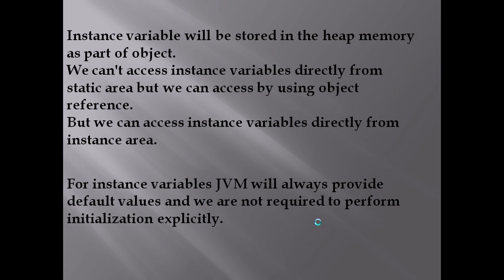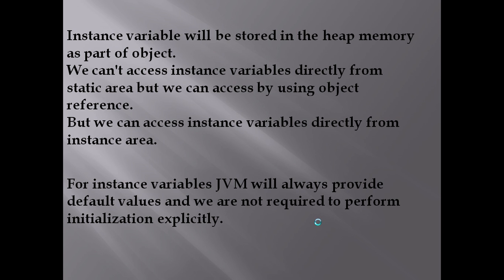When we declare an instance variable inside the class, the JVM automatically provides a default value. For example, if I define int x and there is no assignment or initialization, then the JVM by default will give int a 0 value.